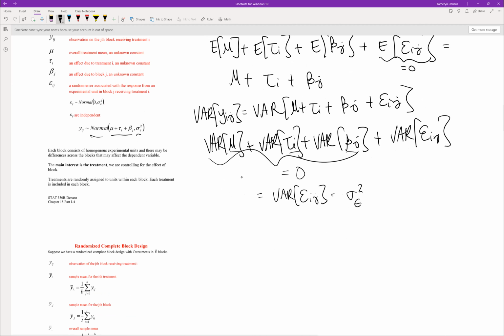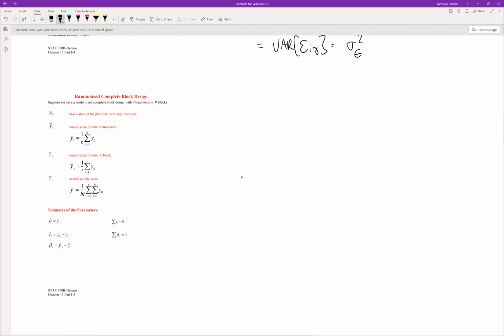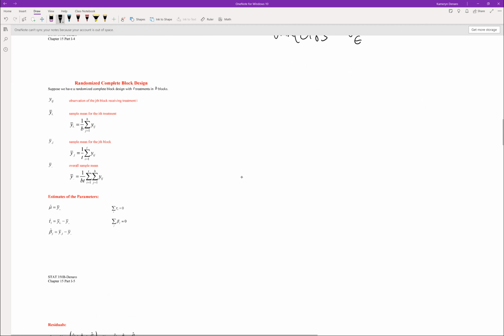Some additional notation for the randomized complete block design is that we have our yij's, our y bar i dots, our y bar dot j's, and our y bar dot dots. But the thing that's new here is that we have the estimates of our parameters.